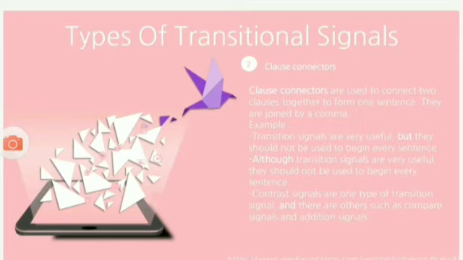Although transition signals are very useful, they should not be used to begin every sentence. Contrast signals are one type of transition signal, and there are others such as comparison signals and addition signals.